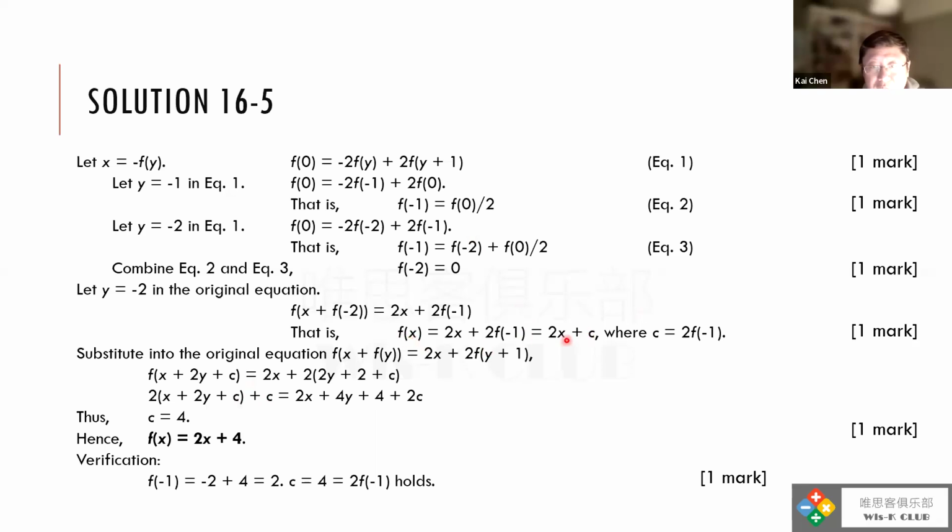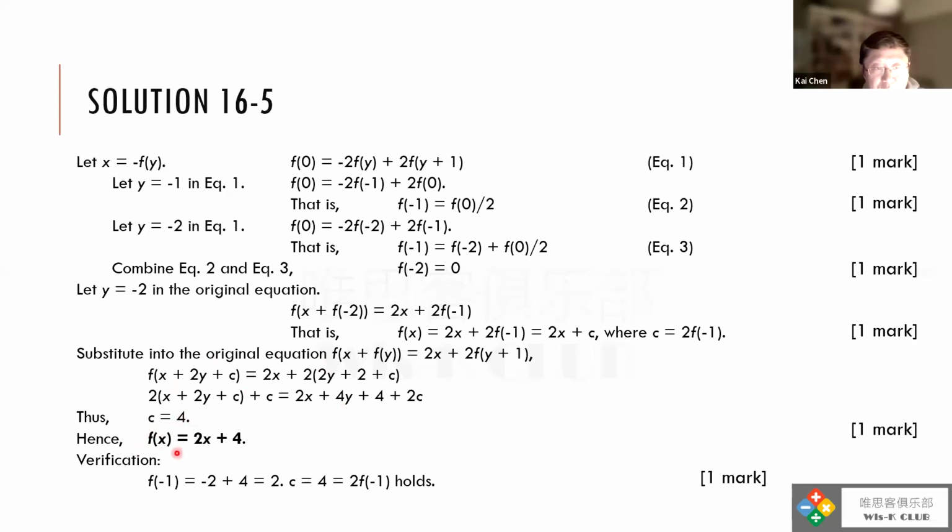So you first get a linear equation with, let's say, a slope of 2, but I don't know what the intersection is. I only know c is 2 times f(-1), but you can plug in again to the original equation and find c is actually equal to 4.